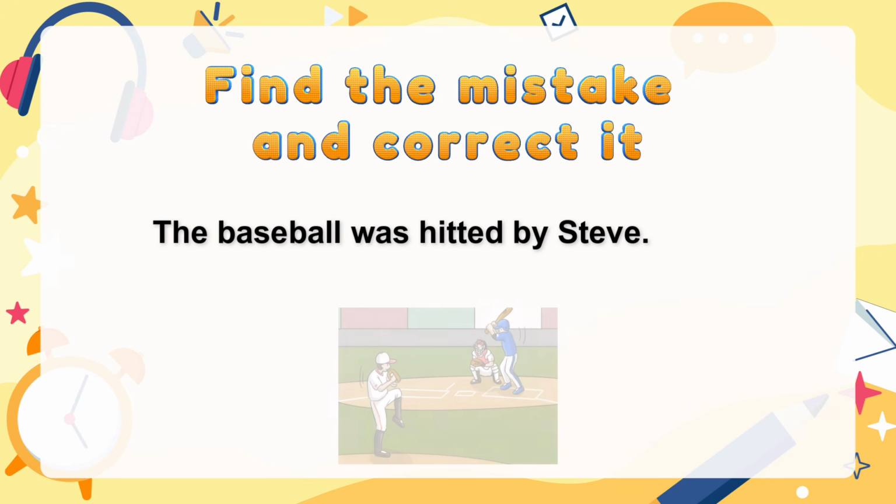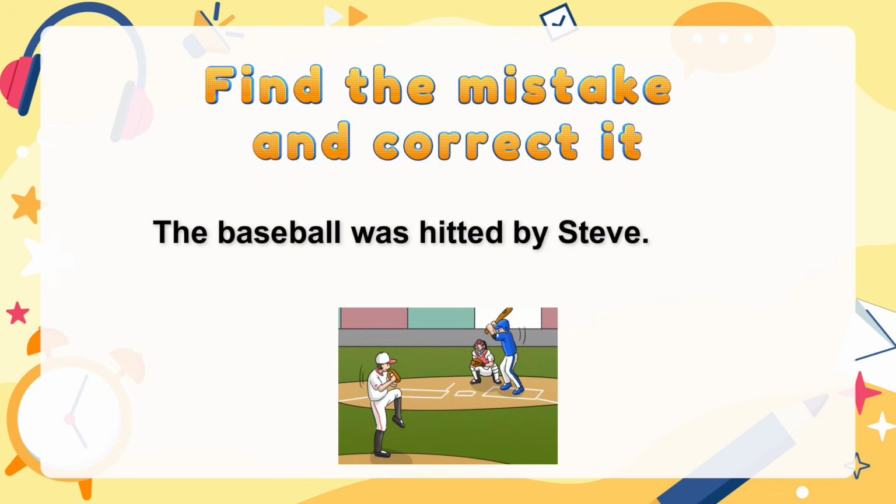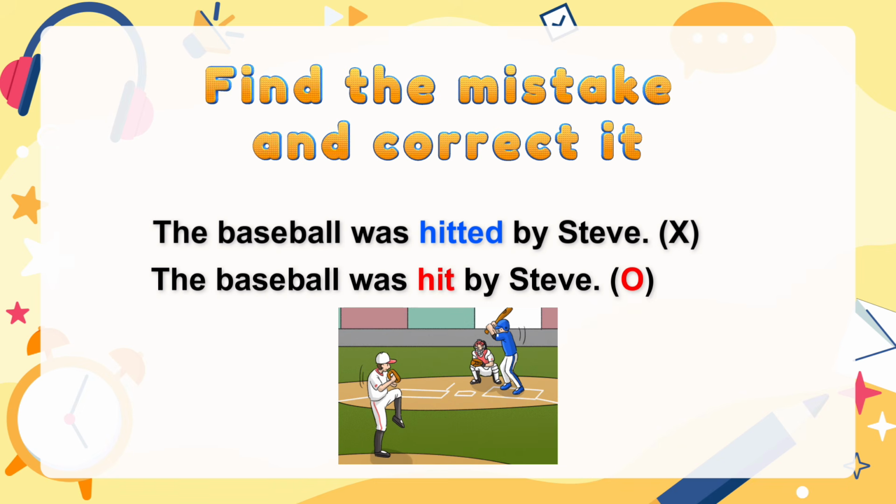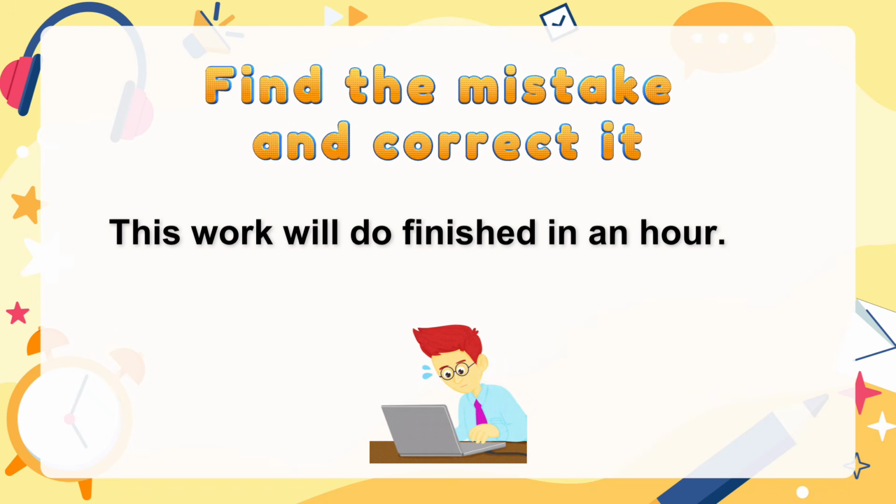The baseball was hit by Steve. For passive voice, we need the past participle. Hitted is not the past participle of hit. The past participle of hit is hit. So the correct sentence is, the baseball was hit by Steve. This work will do finished in an hour.